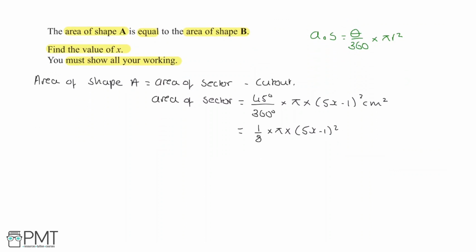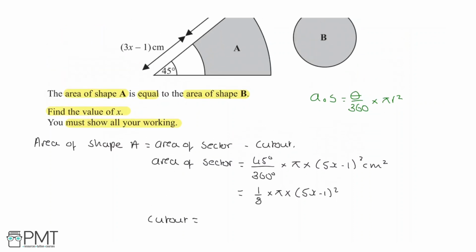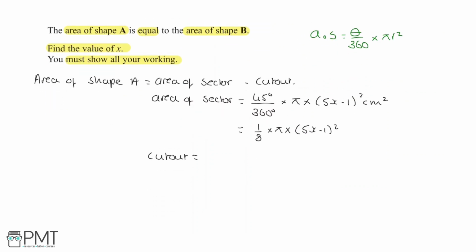Now, our cutout is going to be nearly the same thing. We're going to be using the same formula. However, we only have to come to 3x minus 1 centimeters. So this is going to be 45 degrees over 360 degrees times pi times 3x minus 1 squared centimeters squared, because again of the unit here.